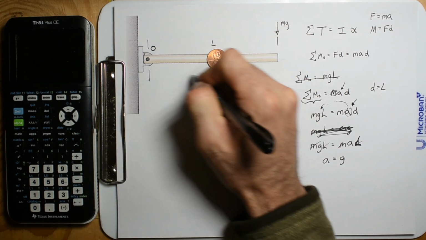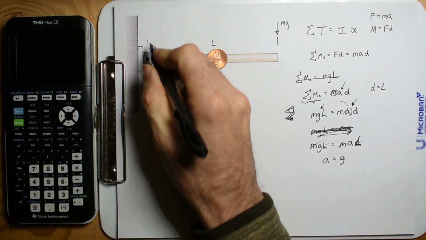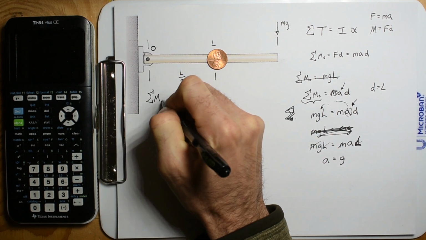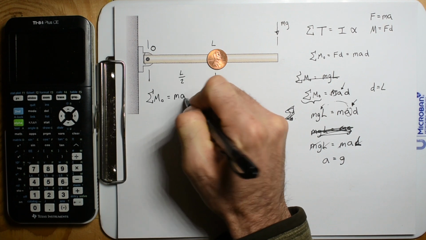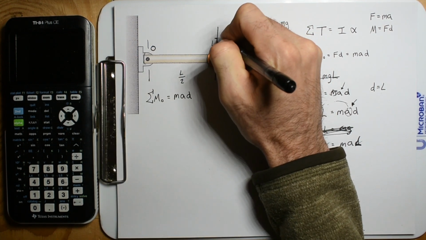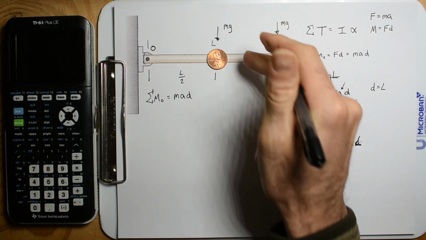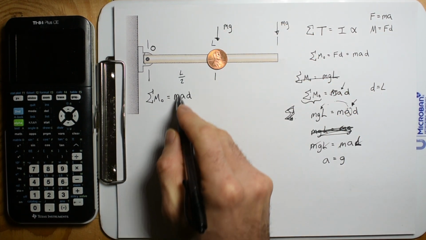Okay, so now we have this distance being L divided by 2, and we can do that same process. We're going to sum the moments about O, and that should be in linear form: mass times acceleration times distance. This penny has a force of mg, and it's at a distance of L divided by 2.